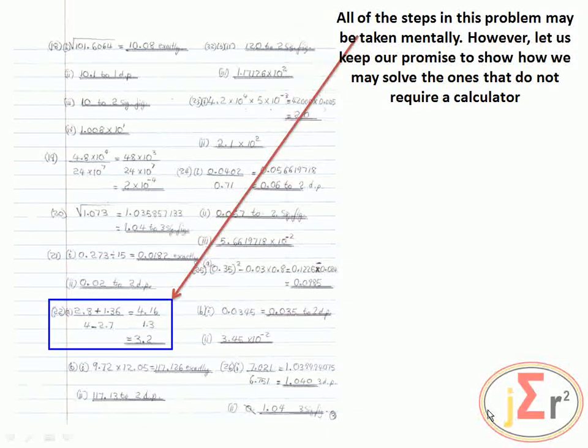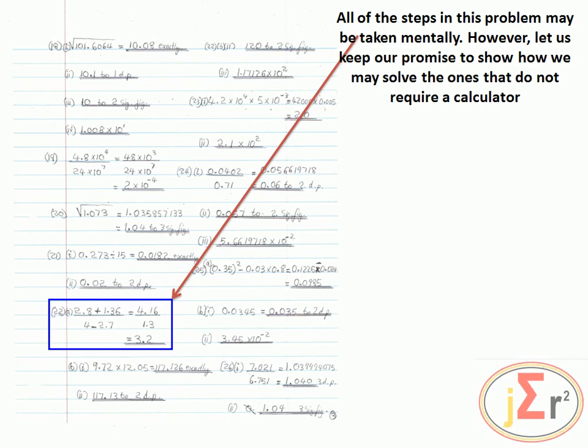All of the steps in this problem may be taken mentally. However, let us keep our promise to show how we may solve the ones that do not require a calculator. We have made a promise that as long as it is not so harsh, like irrational square roots and so forth, we will proceed without the use of a calculator.